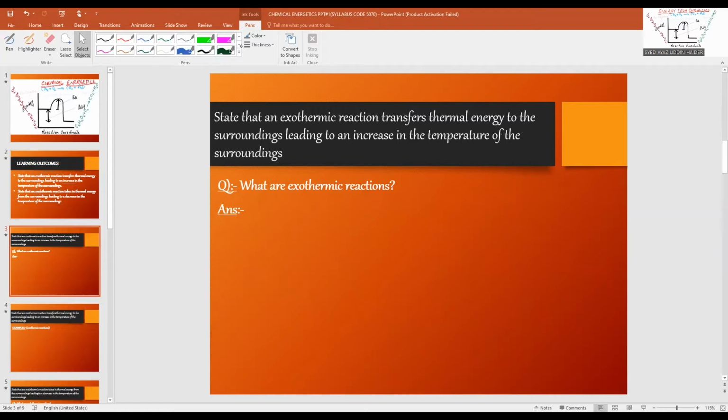What are exothermic reactions? The definition says that the reaction in which heat is released or given out to the surrounding. Let me write.